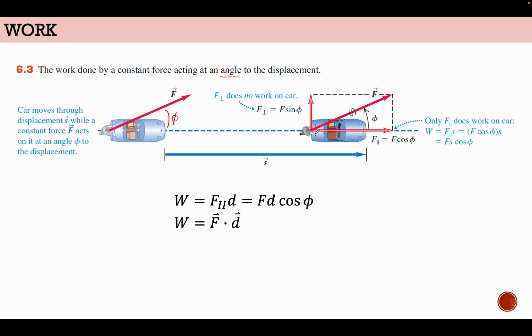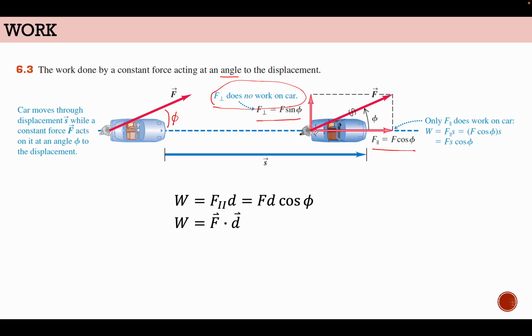Now, since our force is at a specific angle phi, we need to break down the force into two components: the parallel force and the perpendicular force. But here it is mentioned that the perpendicular force does no work on the car. Why is that?